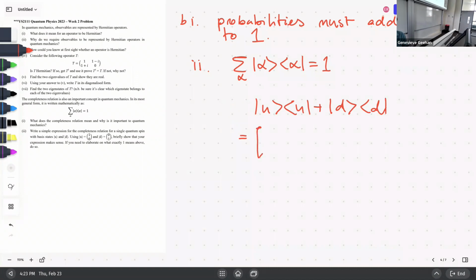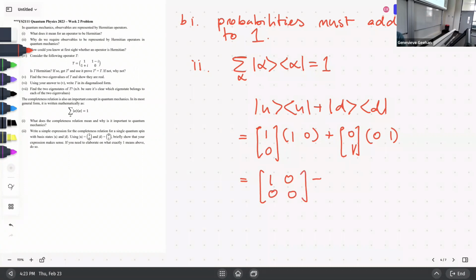So, just doing some outer products, which if you're not familiar with, there's a couple questions in the tutorial which go over these.